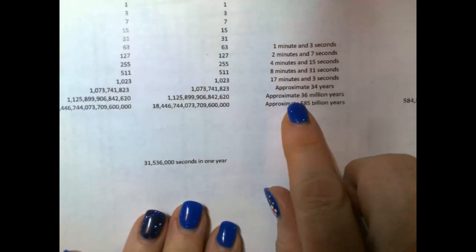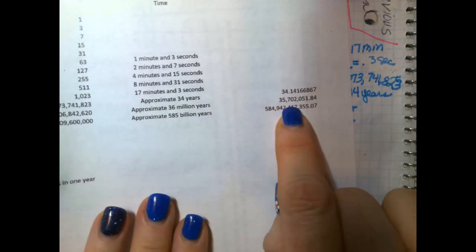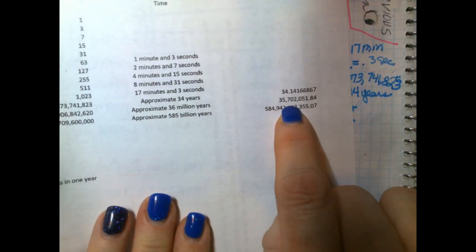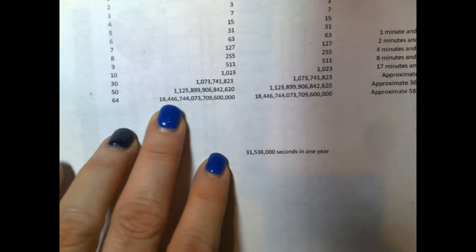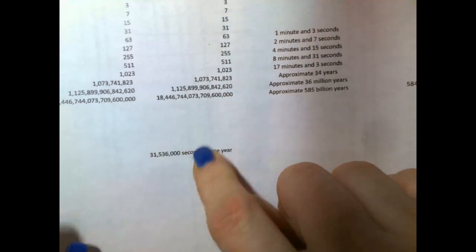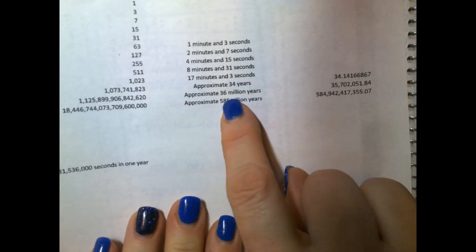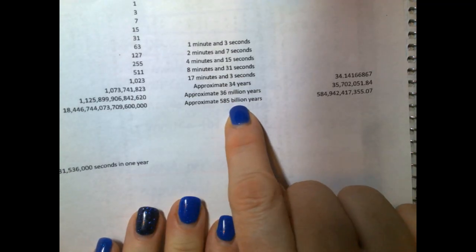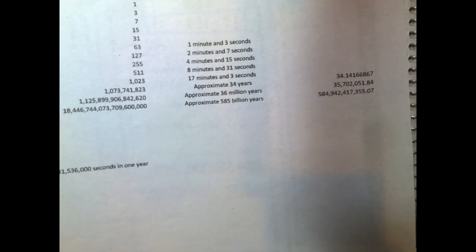So it's approximately 36 million years. And for all 64 disks, this is even more categories. Once you divide it by the number of seconds, it will turn out to be approximately 585 billion years. So these are billions, around 585 billion years.